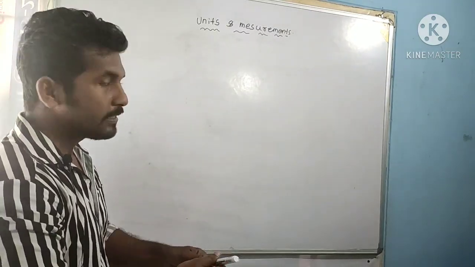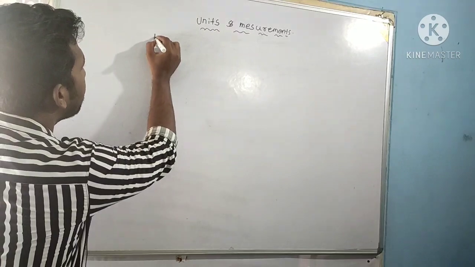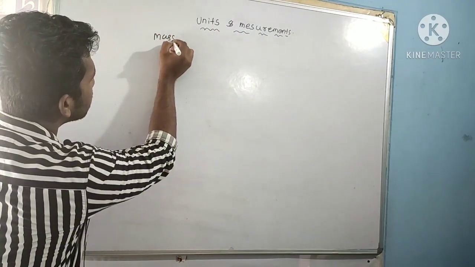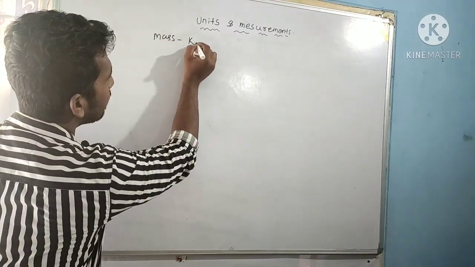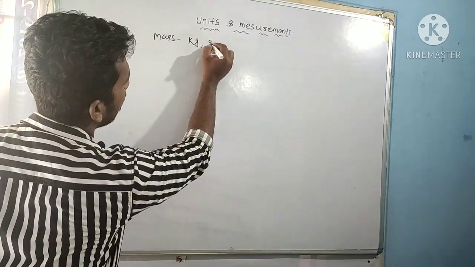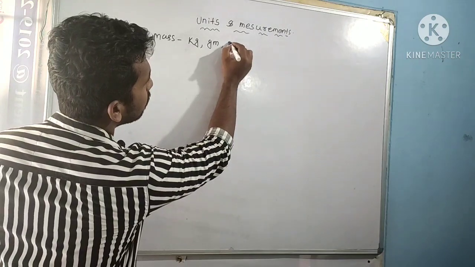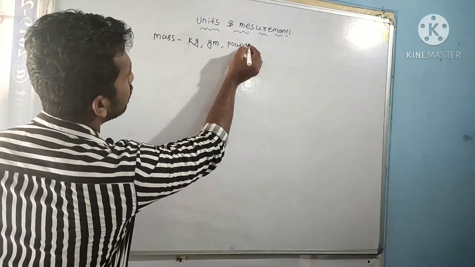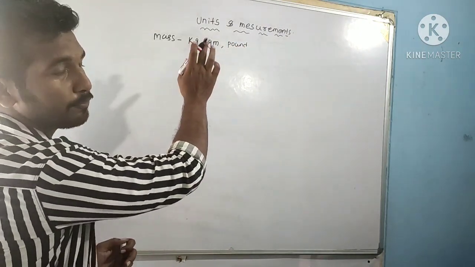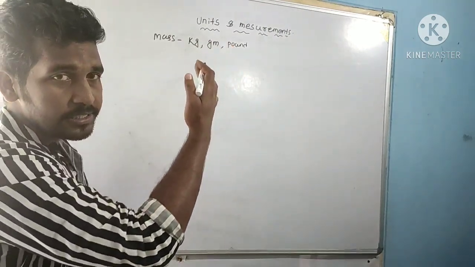When we measure mass, we can measure it in kg or gram, then pound. So these are systems of unit: kg, gram, pound. There are 4 systems of unit.